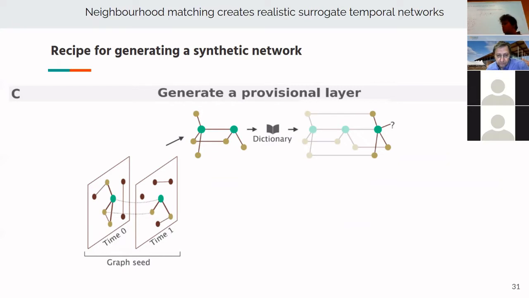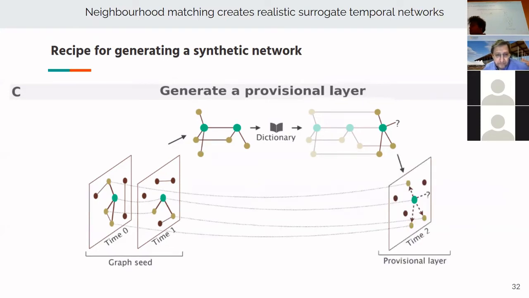We take one node and use it as an ego node, we extract the ATN, we query the dictionary, and we pick one of the values according to their probabilities. Perfect. Now we have the new layer, and we attach this new interaction in the new layer.